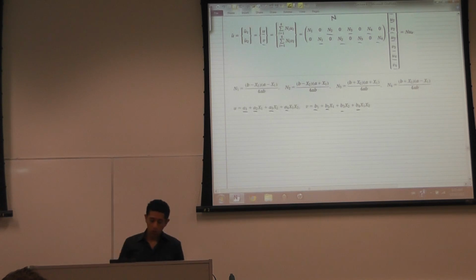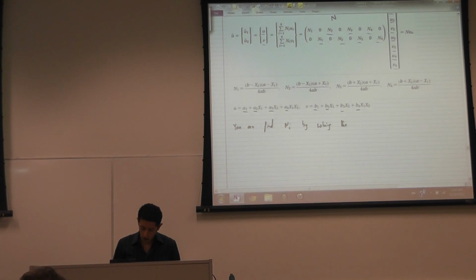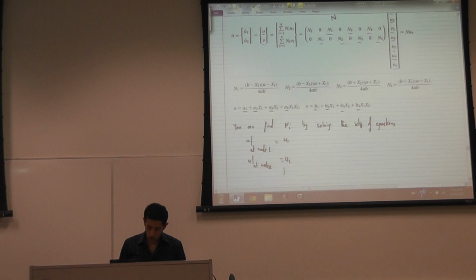So again, similar to what we talked about, you can find Ni by solving the set of equations: u at node 1 is equal to u1, u at node 2 is equal to u2, and so on.